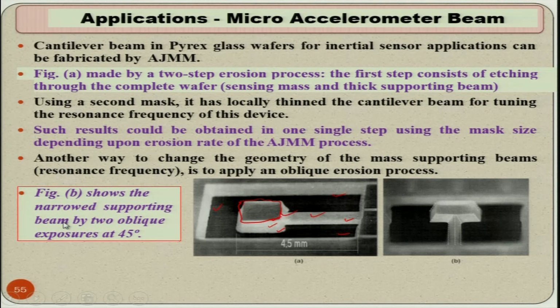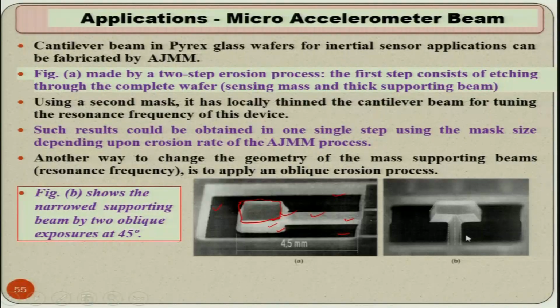Figure B shows the narrowed supporting beam by two oblique exposures at 45 degrees. You can see these angles are also important. You have to maintain these angles because they may be the requirement of the designer where these devices are to be used. Same way you can see the angle over here as well as angle over here.